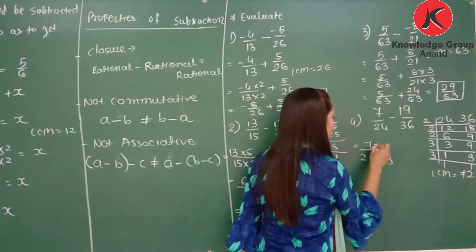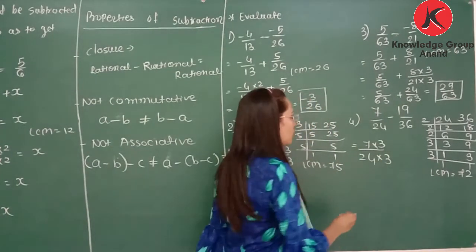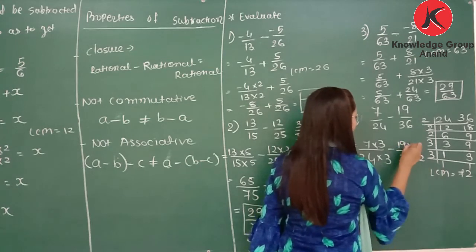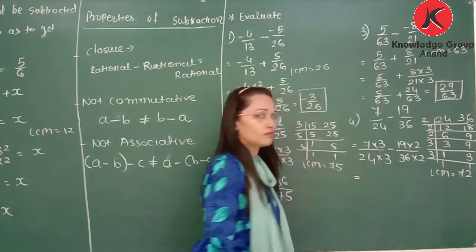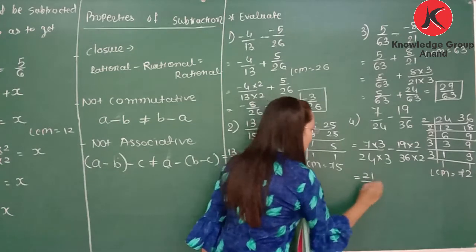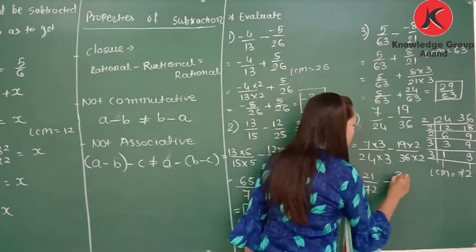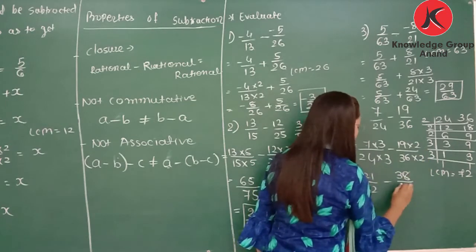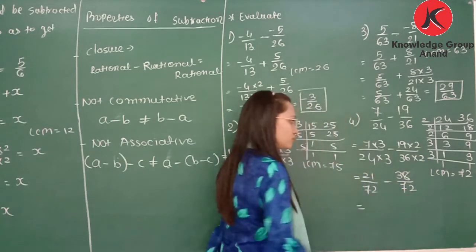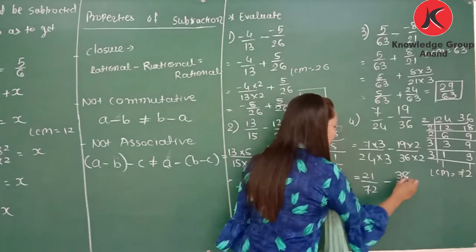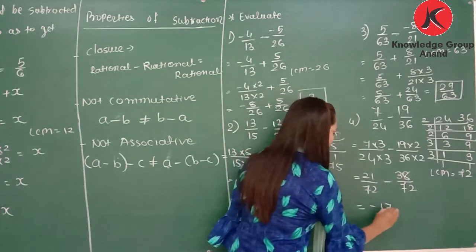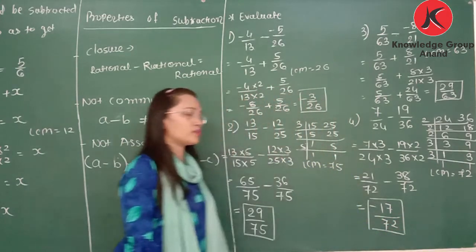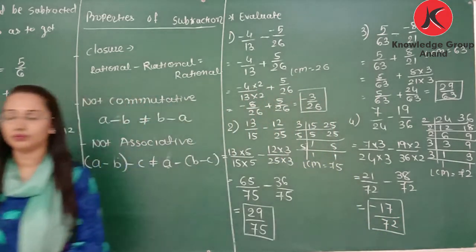If we multiply 3 here to get 72, and 36 is multiplied with 2 to get 72, so the same in the numerator. Now 7 3s are 21 by 72 minus 38 by 72. Now 21 minus 38, that is minus 17 by 72. So this way you can perform the subtraction of rational numbers.